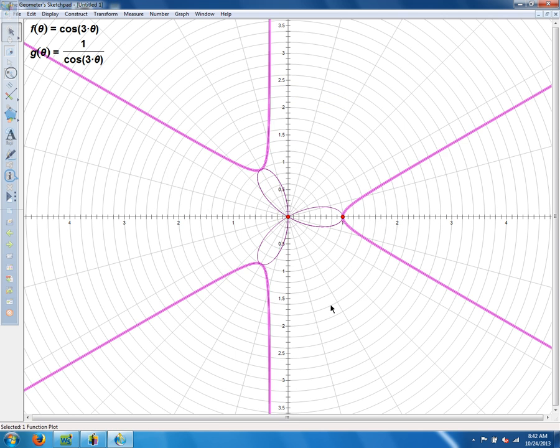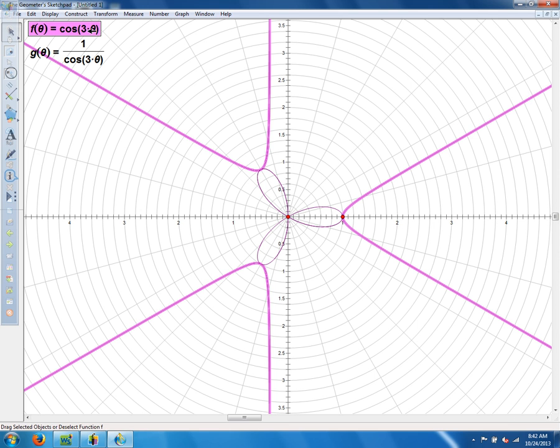Okay. Yes. So everywhere that this one equals 0, we get an asymptote. It's like a triple hyperbola, yeah, it kind of is.